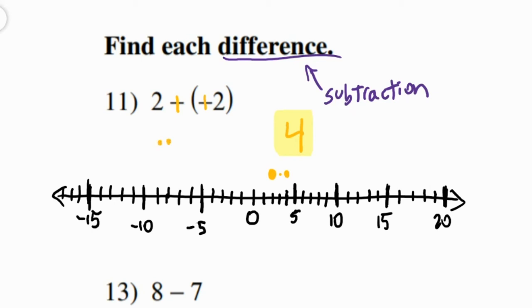That is totally a fine and valid way of looking at this problem. If you can just remember that minus negative is the same thing as plus a positive, that's perfectly fine. Use that. Either way, the answer is 4.